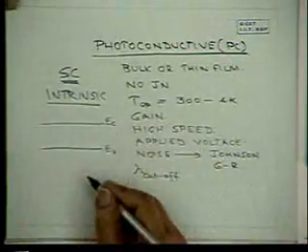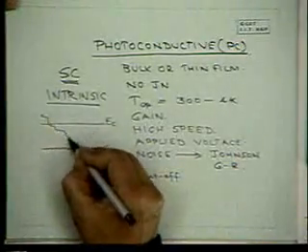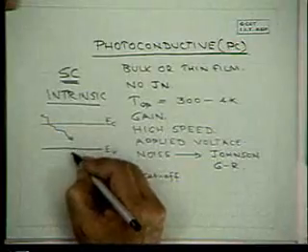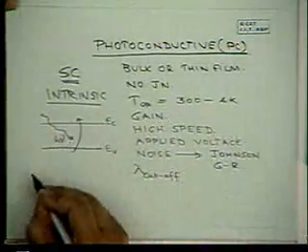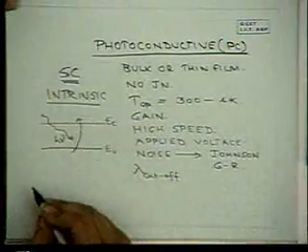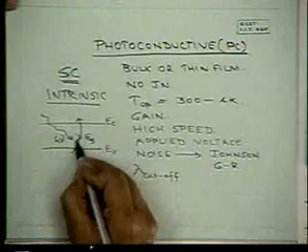It can be slightly N-type or slightly P-type, but the emission of electrons is from the valence band to the conduction band. Okay, so the impurity levels are not directly involved, and of course this means that h nu must be equal to or greater than Eg.